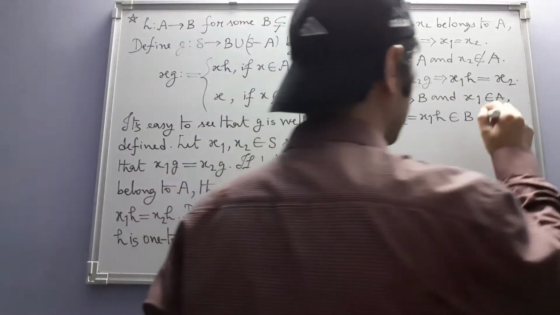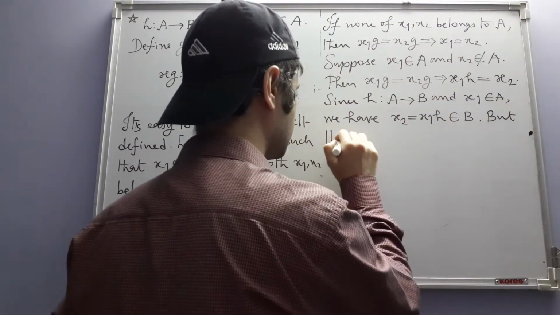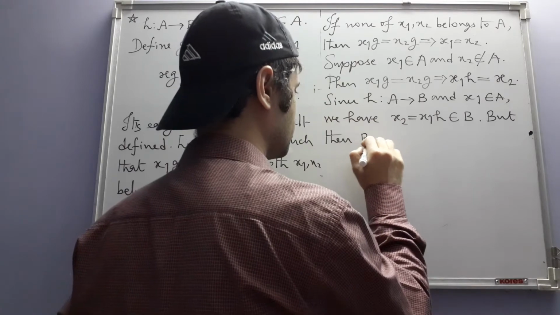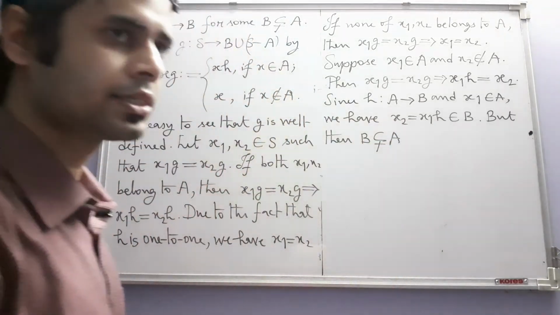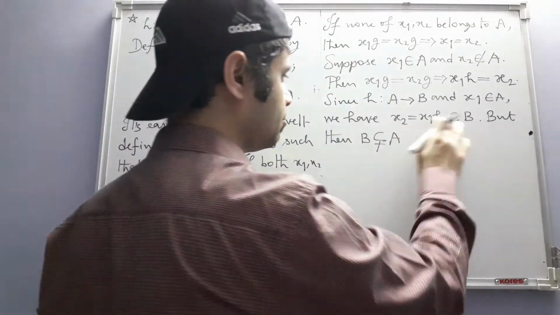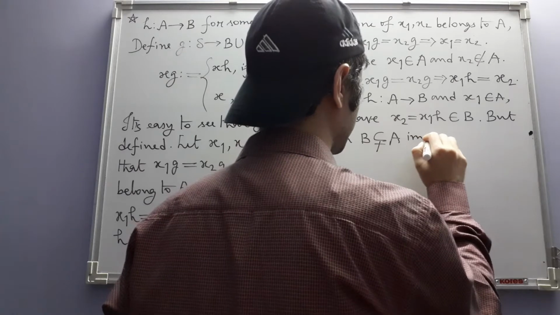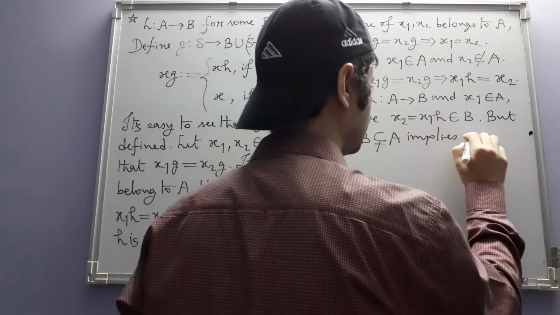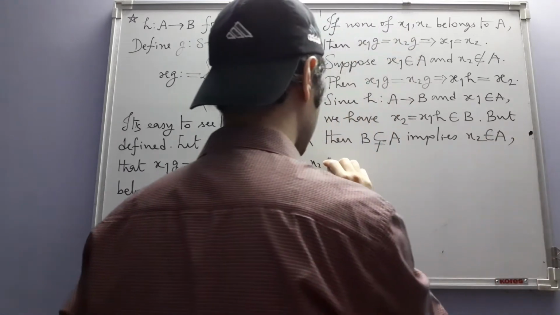Okay, but then B is a proper subset of A means after all it's a subset of A, so x2 will also belong to A, but then this implies x2 belongs to A, which is a contradiction.